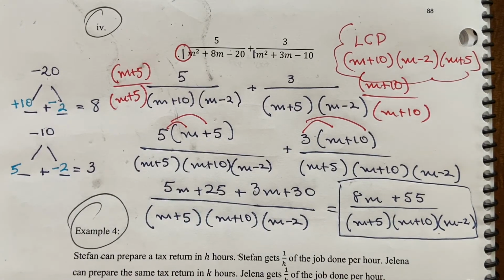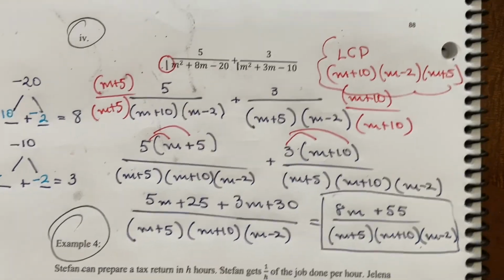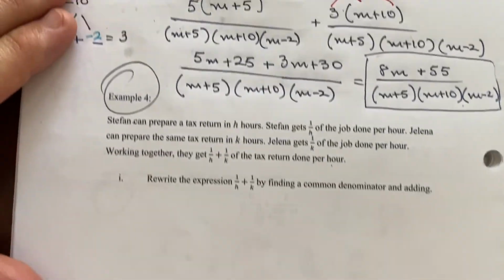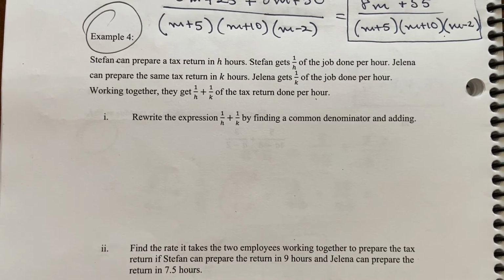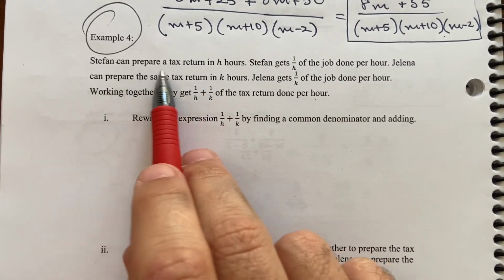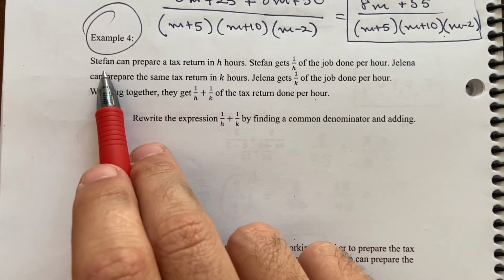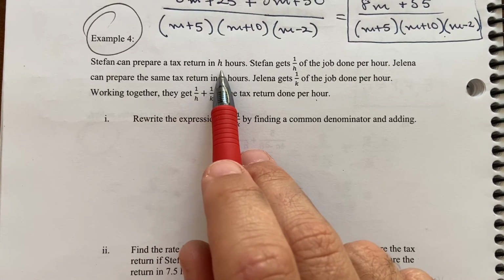Okay, so on to an application. All right, example 4, it says Stefan can prepare a tax return in h hours. Stefan gets 1 over h of the job done per hour. Hopefully that makes some sense. Just imagine h were 2. Like imagine Stefan can prepare a tax return in 2 hours.